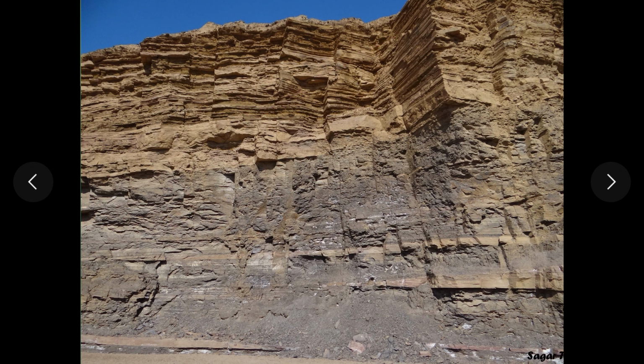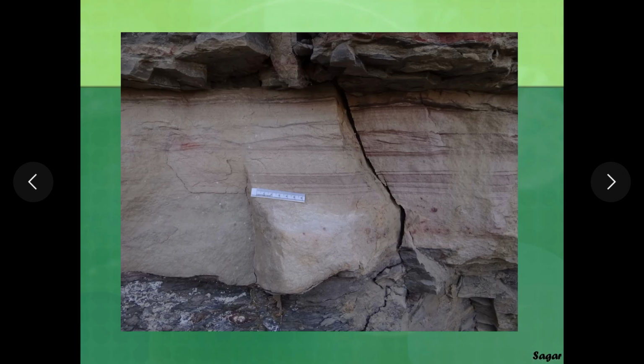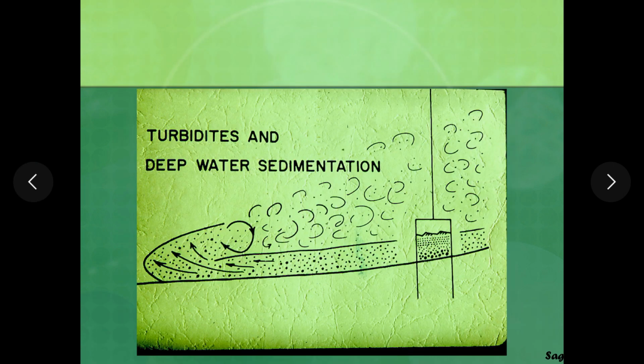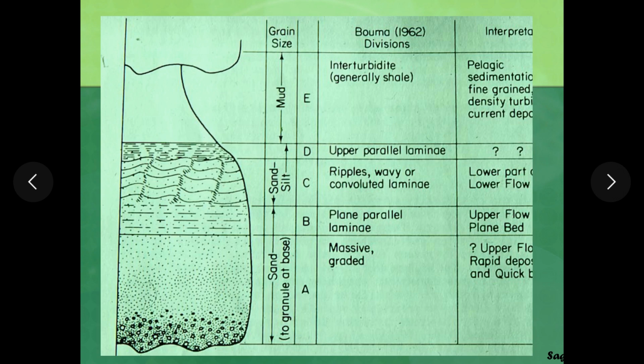So there are different sedimentary structures which are associated with deltas, which you have already studied. If you remember, this is the characteristic feature of a delta, the Bouma sequence, where you get to see a characteristic sequence of sedimentary structures and grain size.